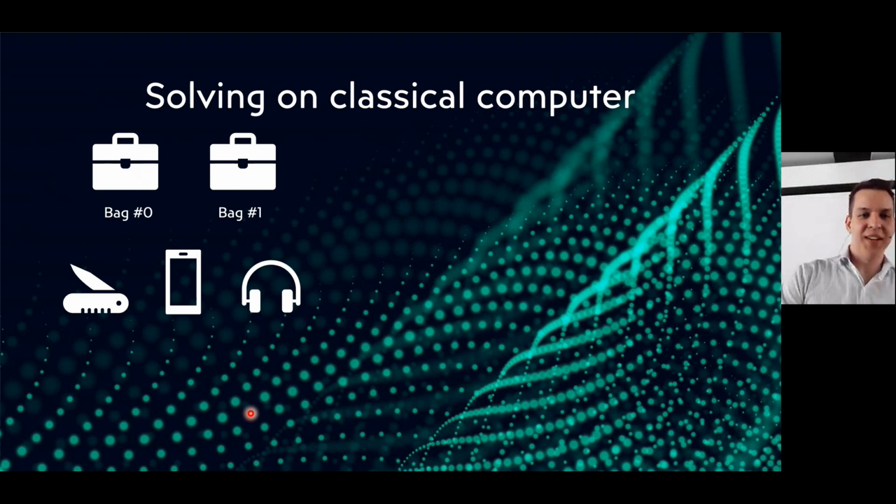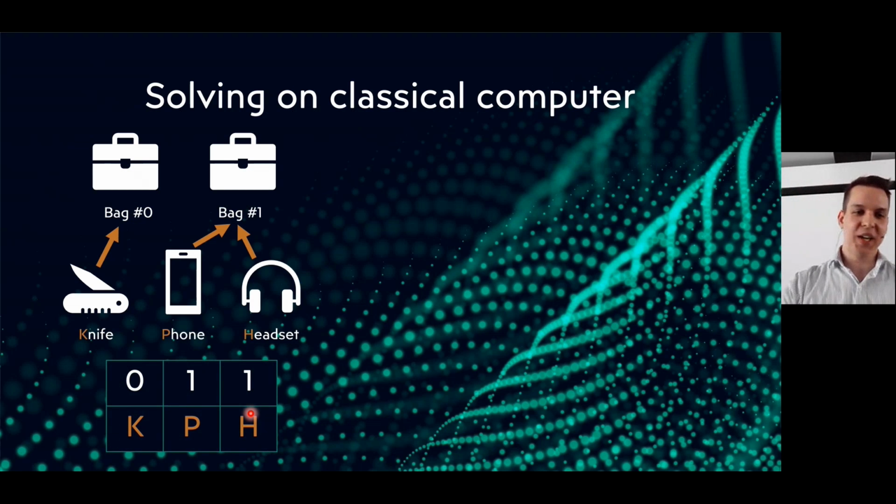So, given two bags, we give 0 to bag 0 and 1 to the second bag, okay? So we put the knife into bag 0, the phone and the headset into bag 1. Then we can make it in a table. So in bag 0 is the knife with K, 1 is the phone here, and the headset is also in bag 1.